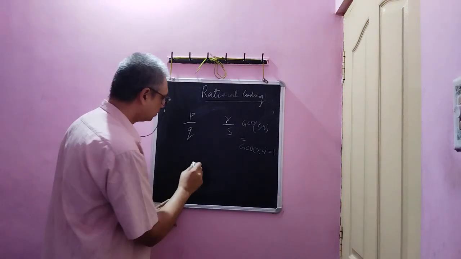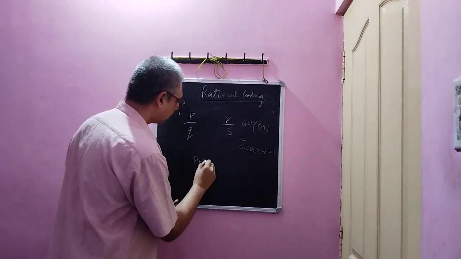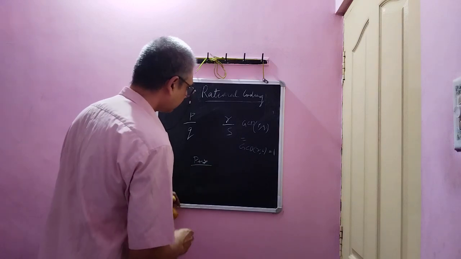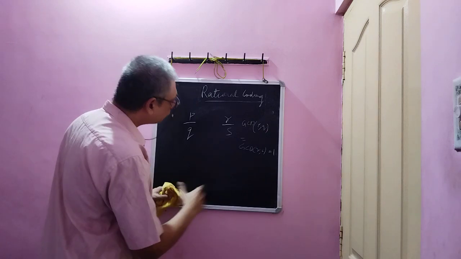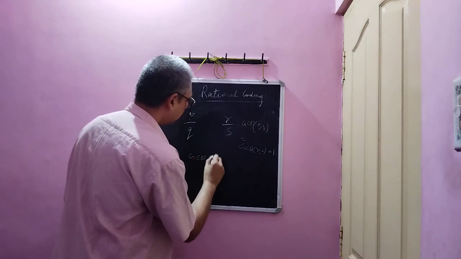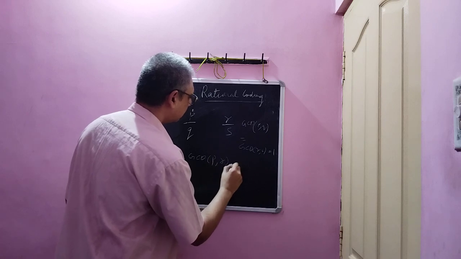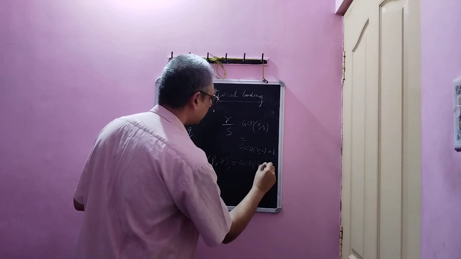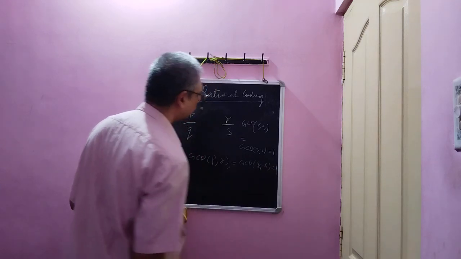then the proper fraction p plus r by q plus s, and also furthermore GCD of p comma r equal to GCD of q comma s should also be equal to 1.